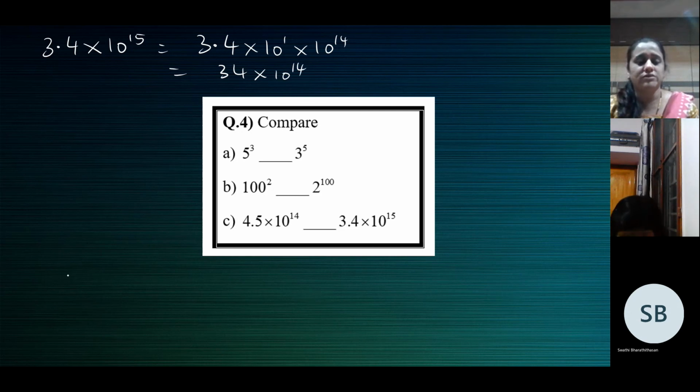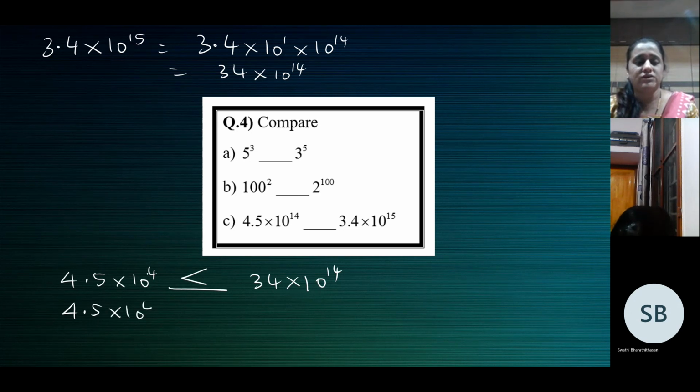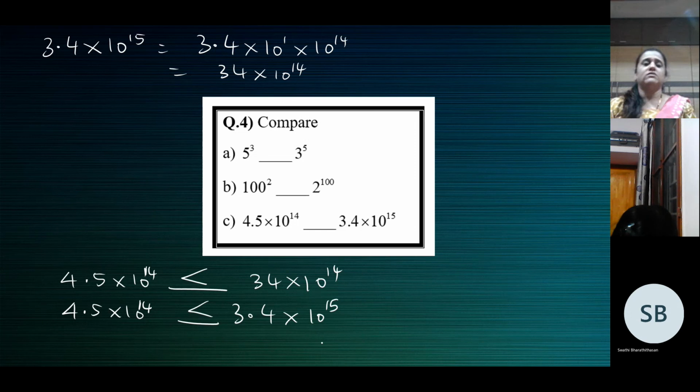Then you write both the numbers. 4.5 into 10 to the power 14, 10 to the power 14. Write it like this. Now where will you use a sign like this? So therefore 4.5 into 10 to the power 14 is less than 3.4 into 10 to the power 15. These are the steps.